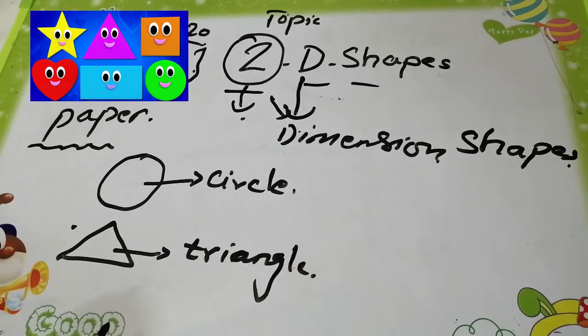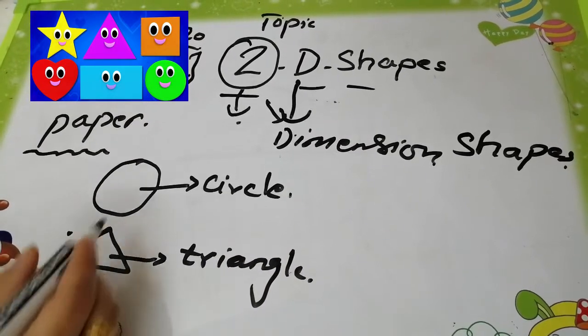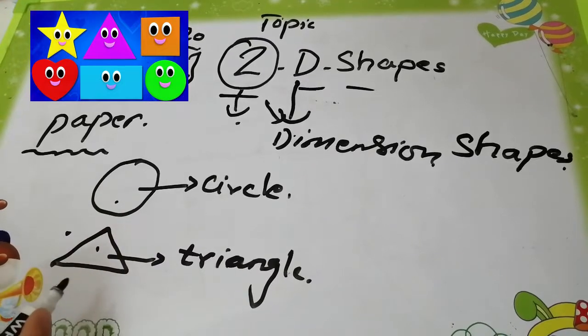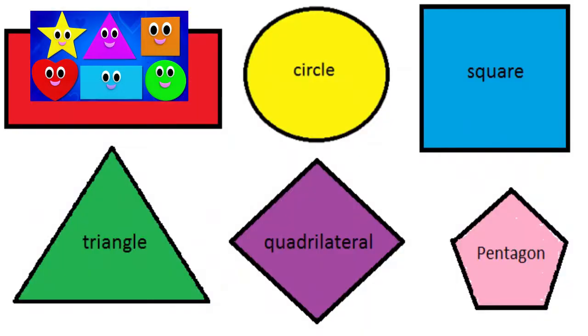Similarly, grade 2 students, you should know these are the basic shapes. So you can have a look at this paper. Look at these shapes. It is understood that we can draw these simple shapes on a piece of paper.